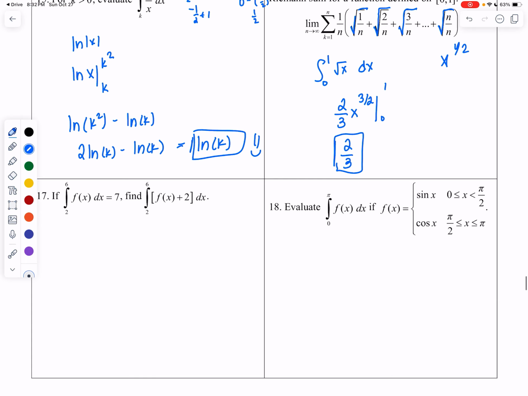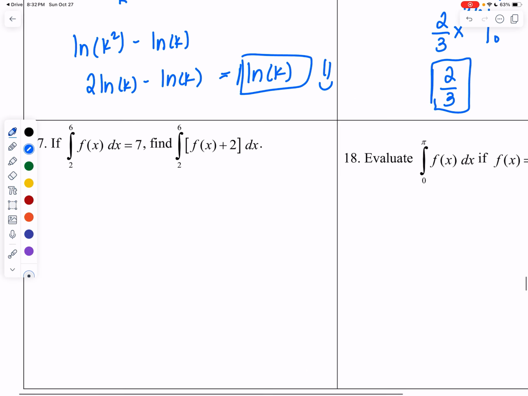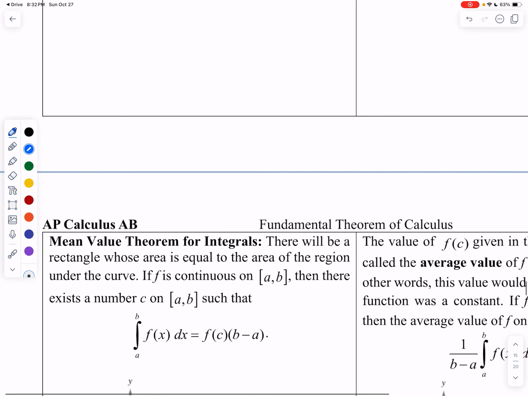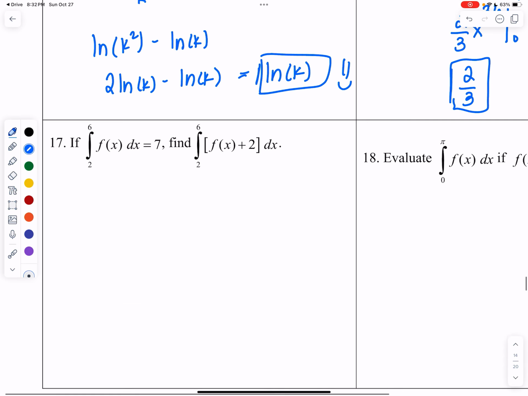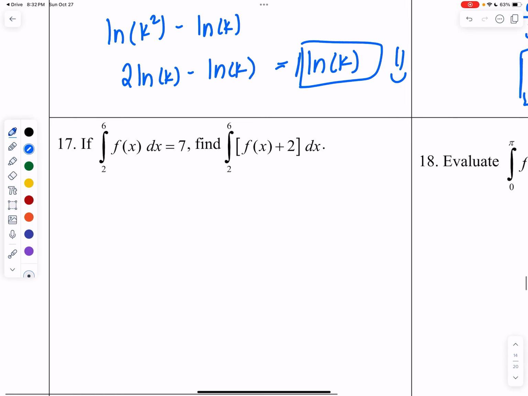All right, 17. This one's going to be the last one. And then, yeah. 17 here, we want to find the integral from 2 to 6 of f of x plus 2 dx. Now, remember that this plus 2 does not mean that we're going to add 2 at the end.